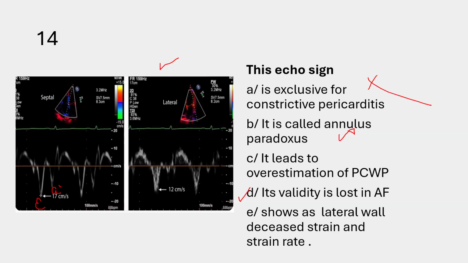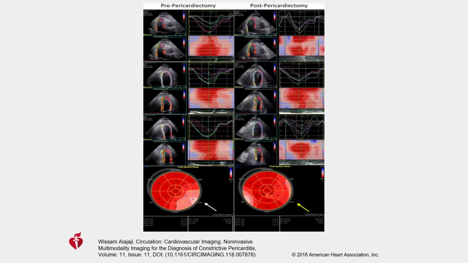So the right answer here is this one. I'm going to show you why. This is a strain, by the way. Look at the strain, the polar map here, which represents the deformation of the 17 segments. Where is the problem?